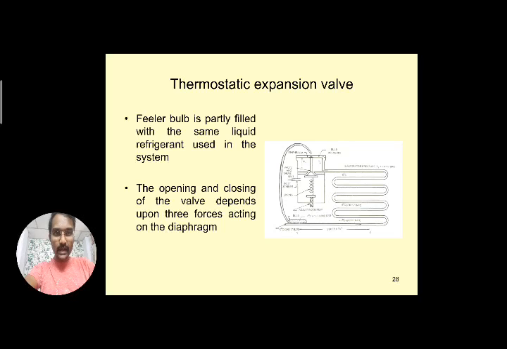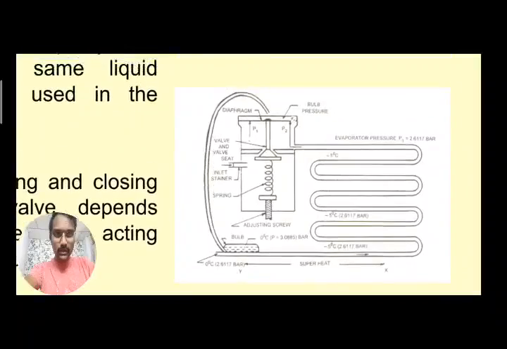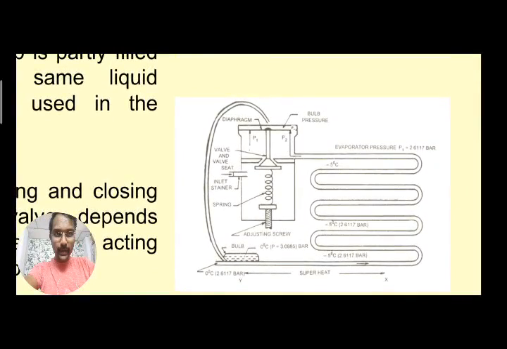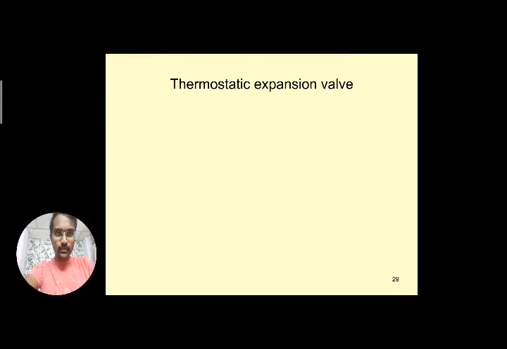One acts on the top of the diaphragm through this pipeline, and at the bottom you can see the pressures P1 and P2 acting below the diaphragm, and P3 pressure acting on the top of the diaphragm. We will see what those P1, P2 and P3 formulas are.